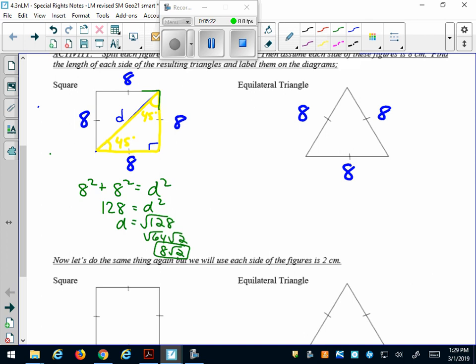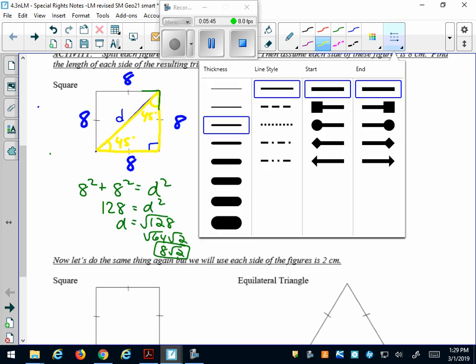Okay, so now we can drop this altitude down here. And again, we've split this triangle into two congruent right triangles. We started with an equilateral triangle. How many degrees is this angle? 60 degrees, right?